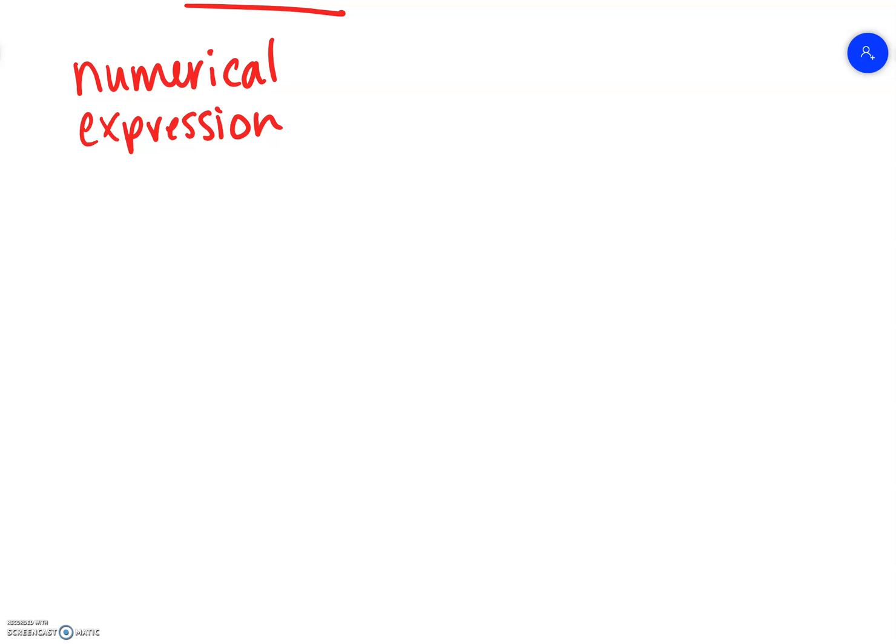So a numerical expression could be this, or it could be that, or it could be that. Those are all numerical expressions. Only numbers and only operators. No equal signs.